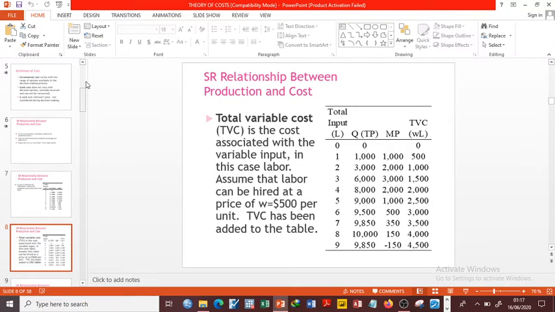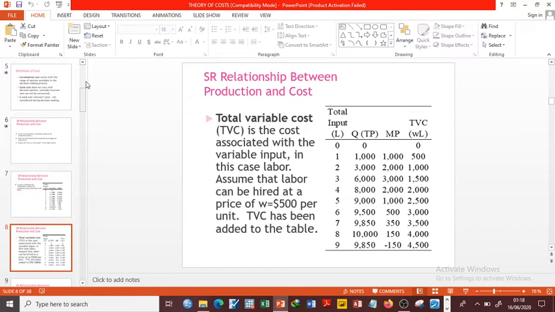So in the relationship between production and cost, we know that in the production process we incur input, and one of the inputs is labor, the number of laborers, workers, or employees. And the total output is also known as the total product. Remember, this is happening in the short run.